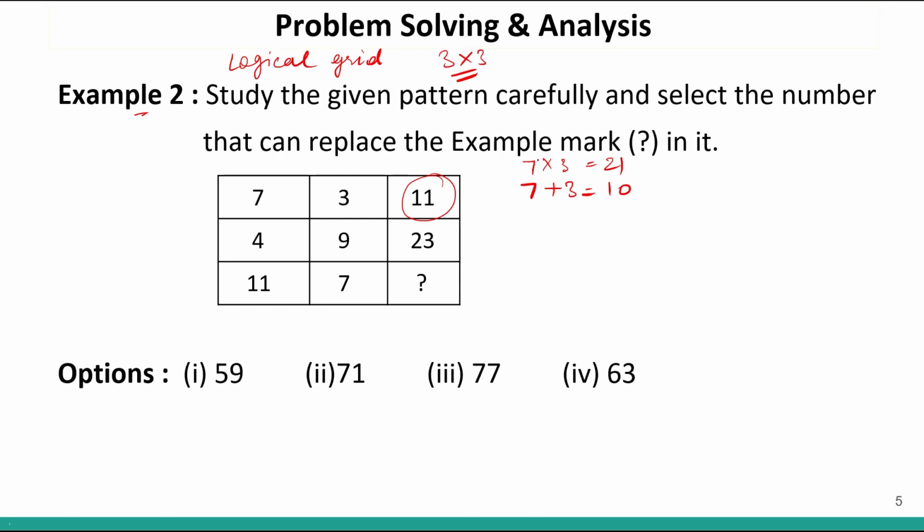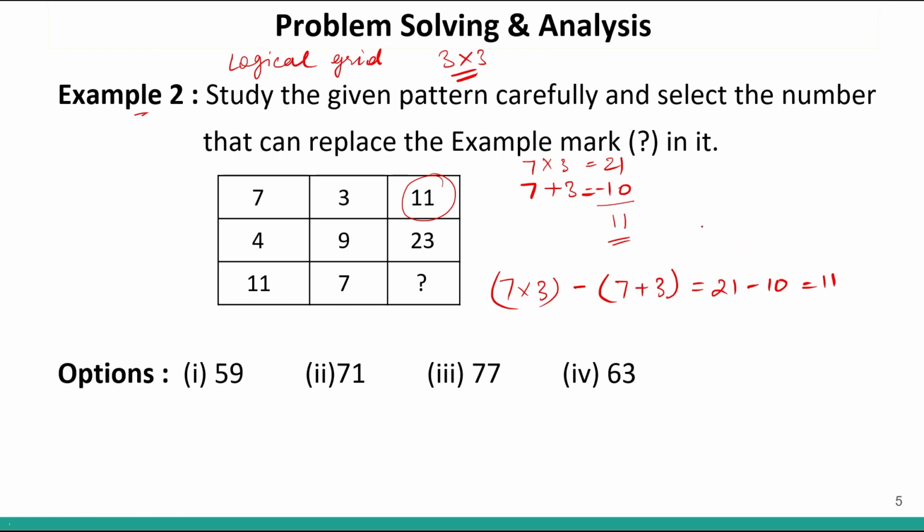But when I look at 7 into 3 and 7 plus 3, I can see that if I subtract 10 from 21, I'll get 11. Right? So the logic maybe is that 7 into 3 and then we subtract 7 plus 3 to get 21 minus 10, which is 11. Maybe this is the logic that is being followed.